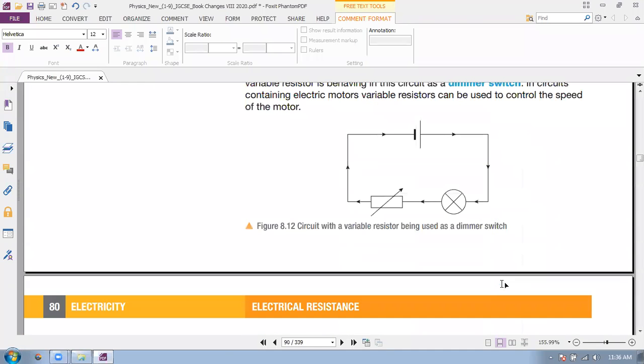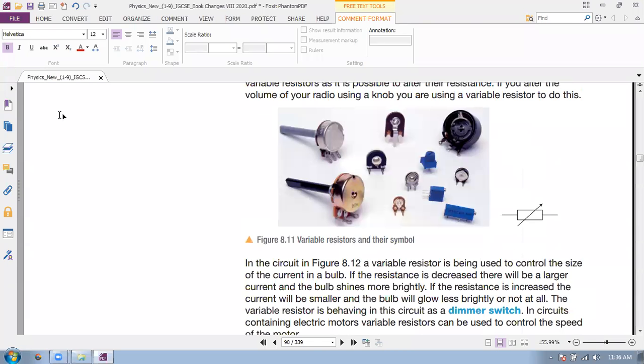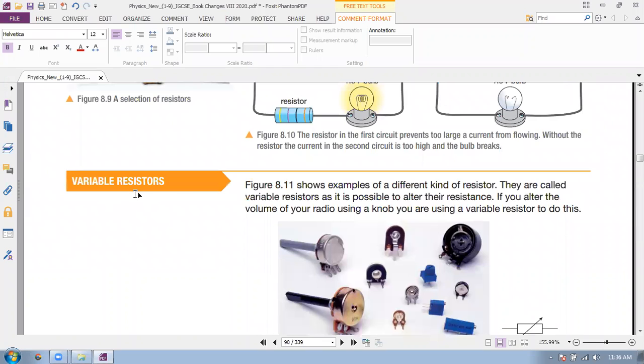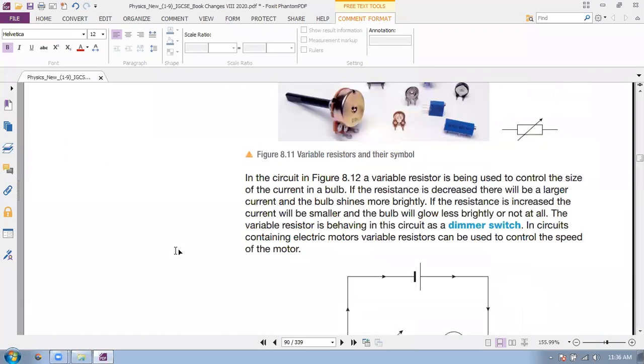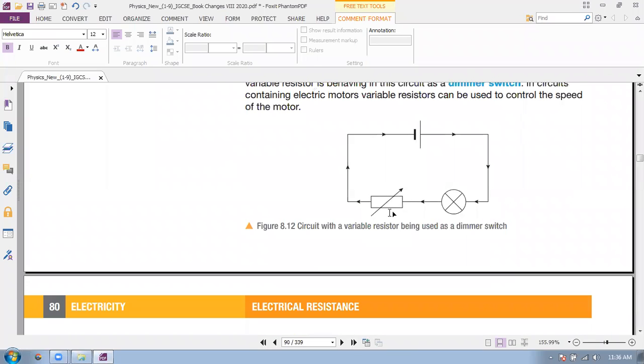Now we will read variable resistors. Variable resistors look like this, and the symbol is like this, and it is placed in a circuit like this. The more you increase the resistance, the less the current flows.